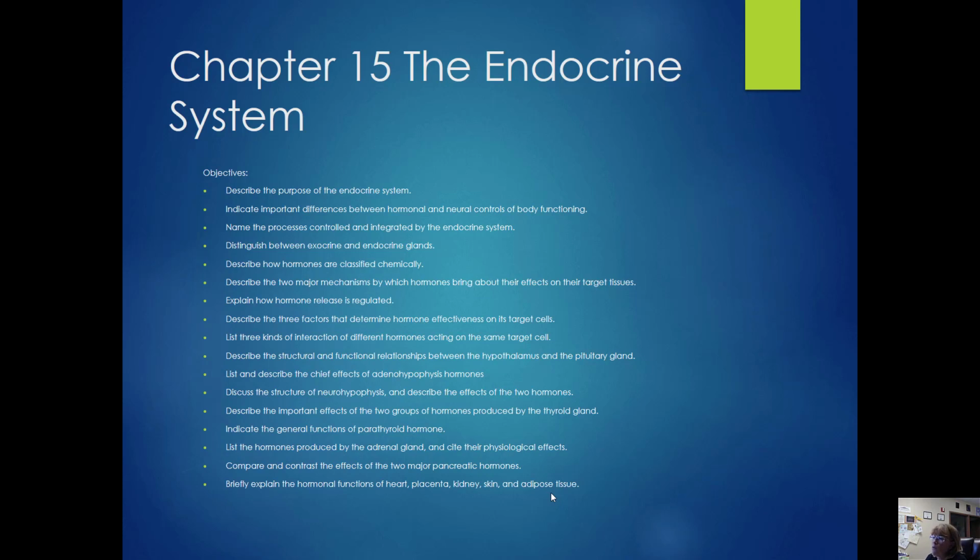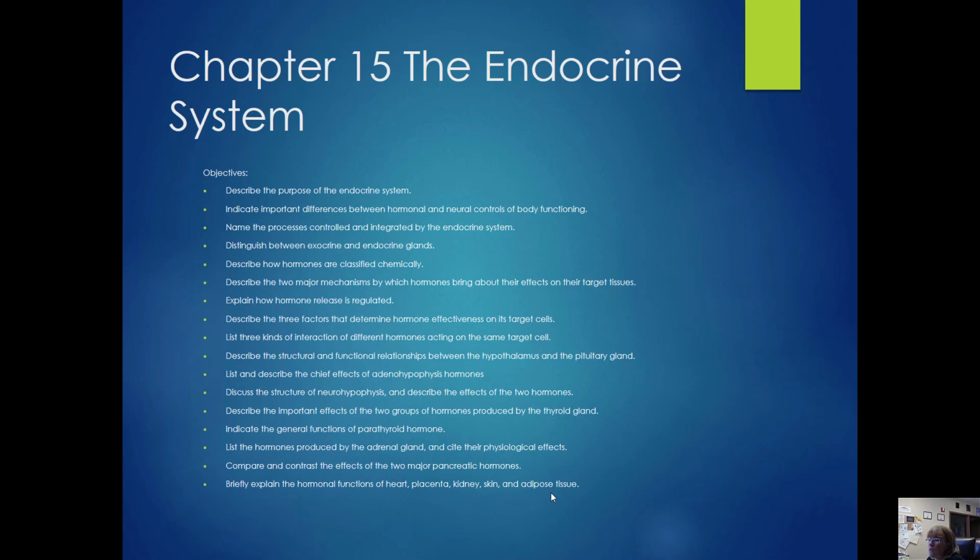So we'll go over what is the reason for having an endocrine system, how is it tied into the nervous system, what kinds of things are controlled by the endocrine system, what does an endocrine gland do, how is it different than an exocrine gland, the different chemical natures of hormones, and then some of this material I will skip over because it doesn't look like it was covered as much in your textbook and your study guides as what I do in my classes.